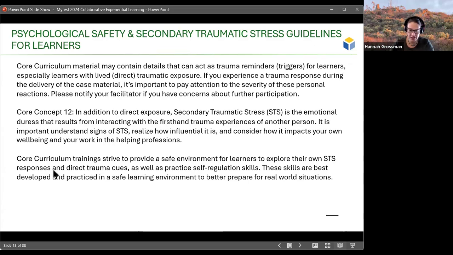In this end section here, we are setting our learning objectives as exploring your own secondary traumatic stress responses, exploring your own direct trauma cues, and practicing self-regulation. Now, people who are not into psychology might not need to be doing the self-regulation on that level.